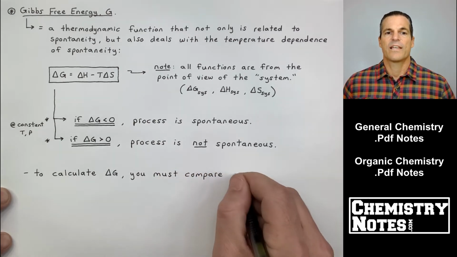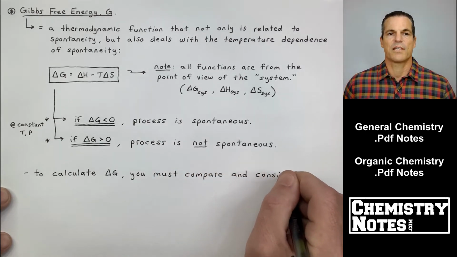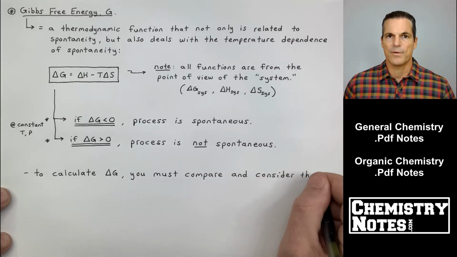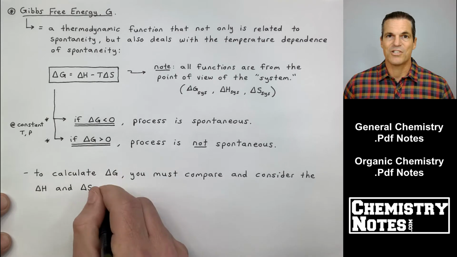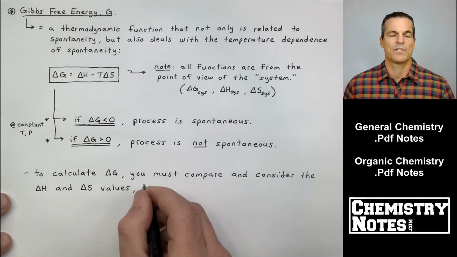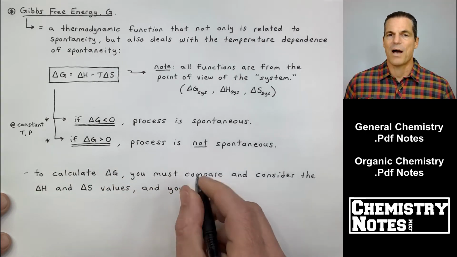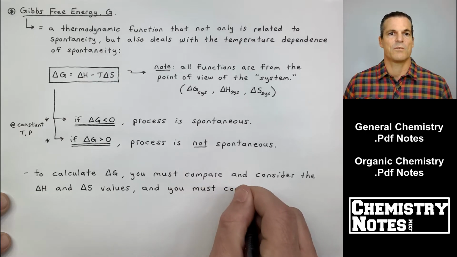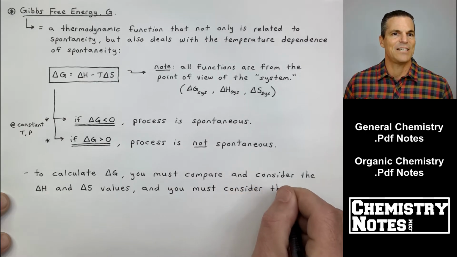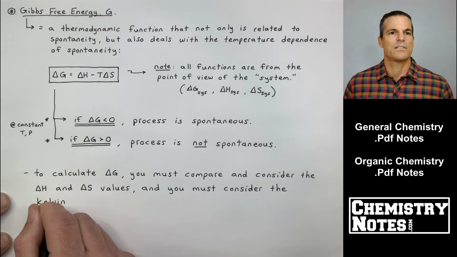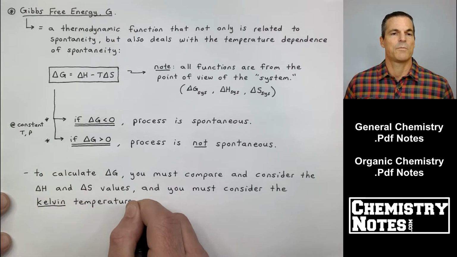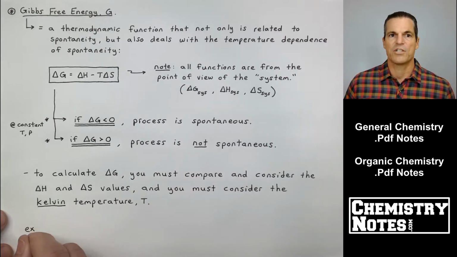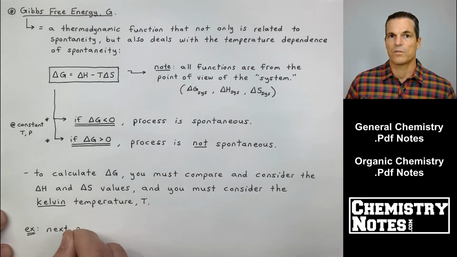Now, to calculate delta G, in other words, to calculate the change in free energy, you have to consider the delta H and the delta S terms. So if you look at the boxed equation, you have delta G equals delta H minus T delta S. We want delta G to be negative if the process is going to be spontaneous, if the process or reaction occurs naturally in the forward direction all on its own without any outside influence.